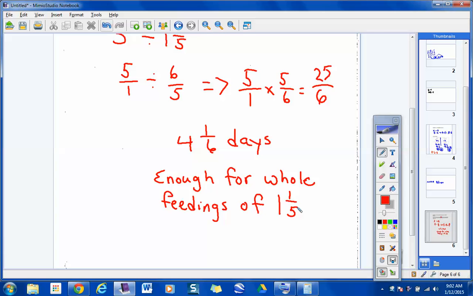How many pounds each day? 1 1/5 pounds for 4 days here. The answer was 4 and 1/6, but practically it's saying, you know what? I can only give 1 pound and 1/5 to my dogs for 4 days. Are you okay with that? Okay.